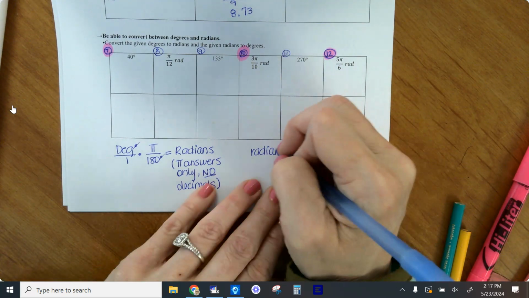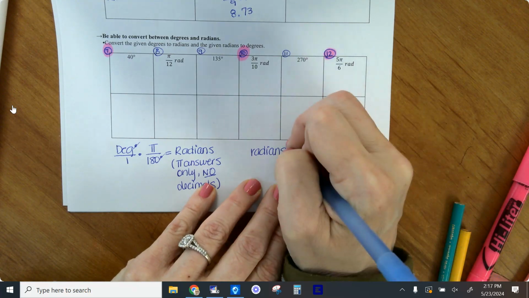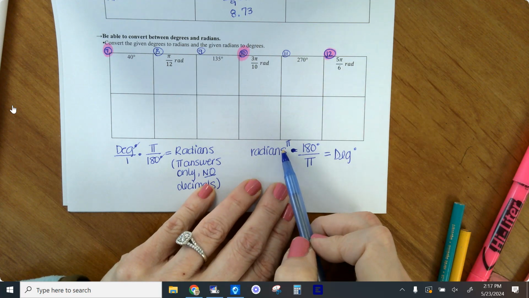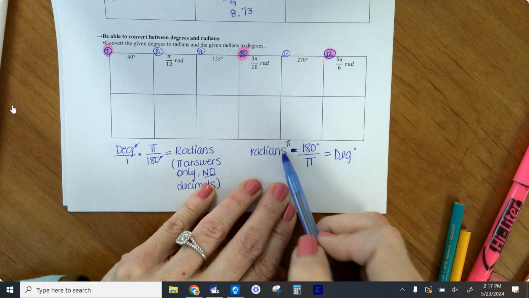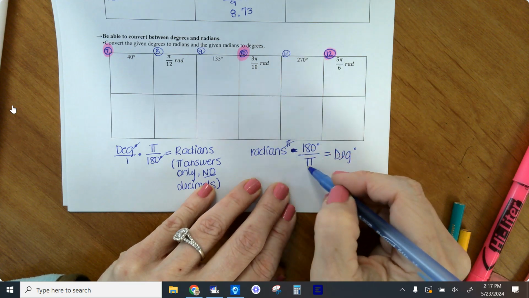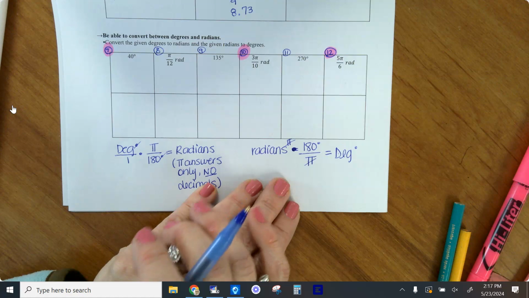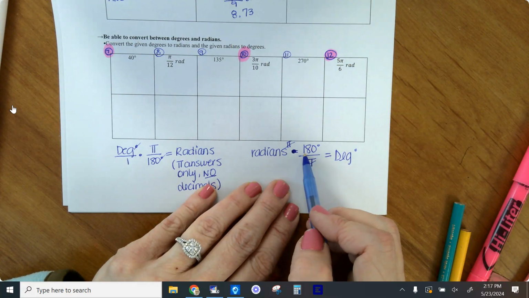That will give you your degrees. Radians is a pi answer. We have a pi in our denominator, so these pi's will simplify to one whole, and you'll be left with degrees.